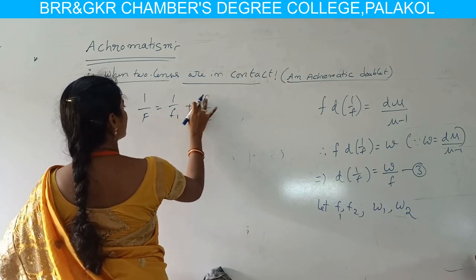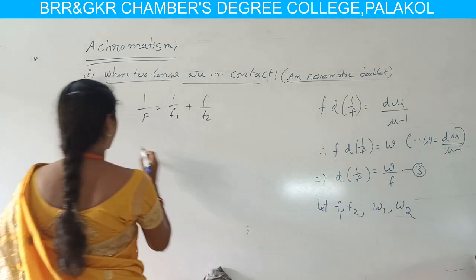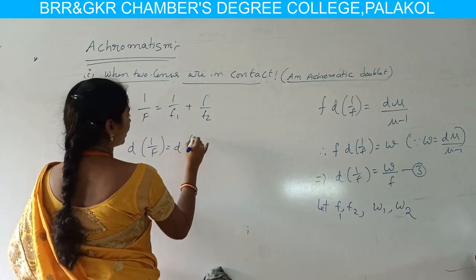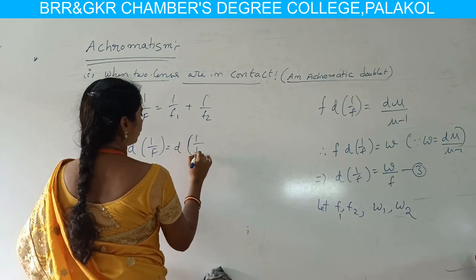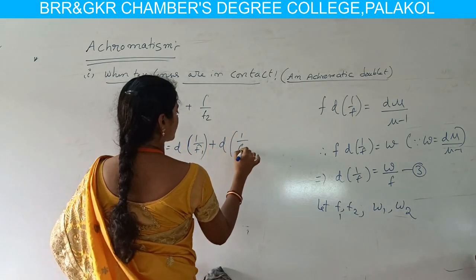Here the focal length should also not vary with color, as the refractive index should not vary. Hence differentiating this equation, d into 1 by f equal to d into 1 by f1 plus d into 1 by f2.